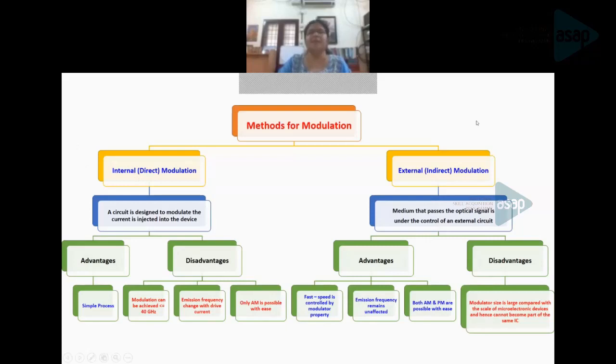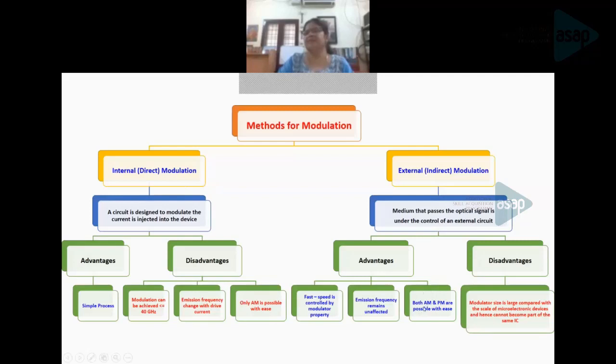In the case of external modulation, there are many advantages and only one disadvantage. One advantage is high speed, and its speed is controlled by the modulator property. A second advantage is that the emission frequency is independent of the input current. It is unaffected. A third advantage is that both amplitude modulation and phase modulation are possible with ease, whereas in direct modulation only amplitude modulation can be easily done.